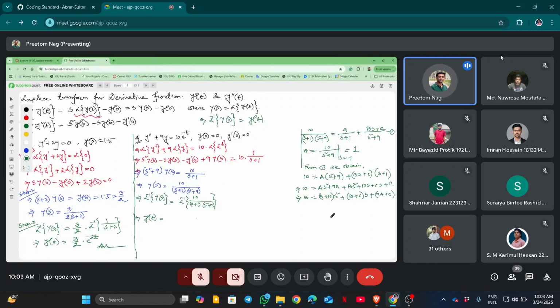To obtain B and C, we can utilize A plus B equals 0. Let me write a straight line, a sentence, so that you can follow it later.